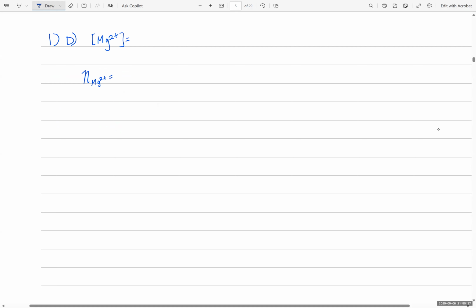We get that by taking the 1.85 times 10 to the minus 3 moles of our magnesium nitrate, Mg(NO3)2, over 1 liter, moles per liter, so that's going to be moles per 1,000 milliliters.